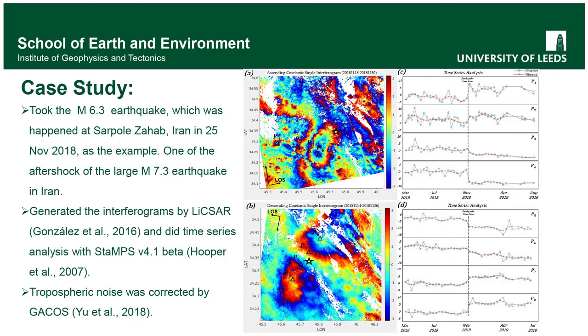Here we can see the first is the ascending images, which means the satellite moves from down to up, and the second image is the descending image, which means the satellite moves from up to down, from different look angles.